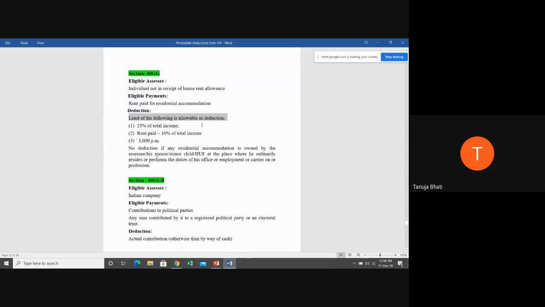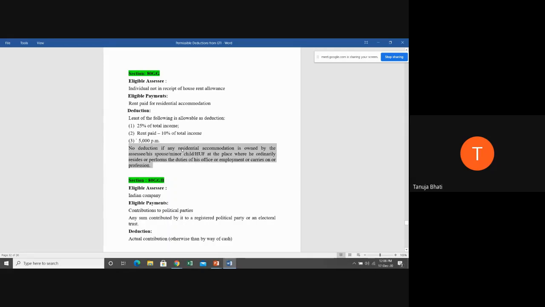Least means minimum of the following. That is 25% of the total income, or rent paid minus 10% of total income, or 5,000 per month, whichever is less, he is going to get as a deduction under Section 80GG if he is an individual who is not receiving HRA and he is paying rent on the residential accommodation.